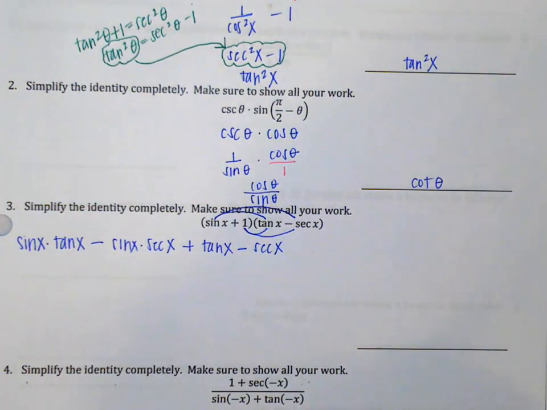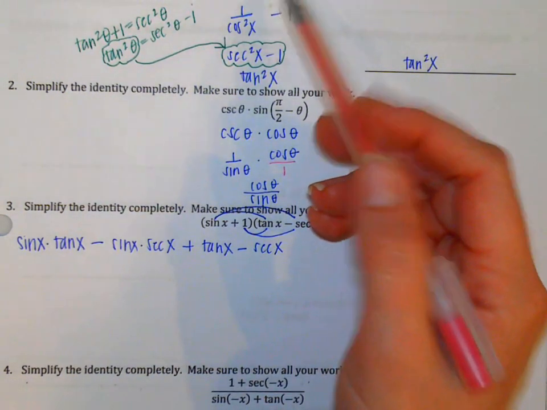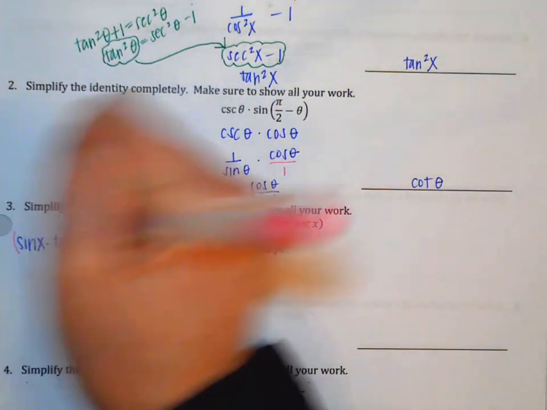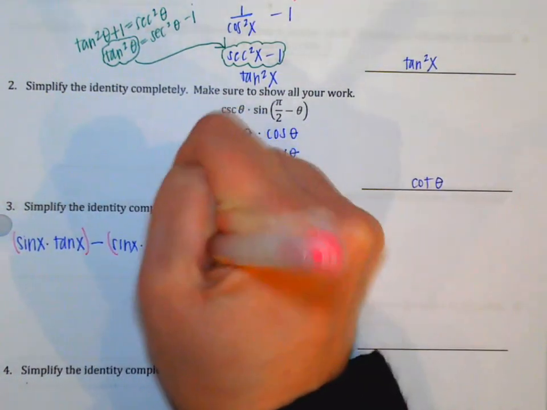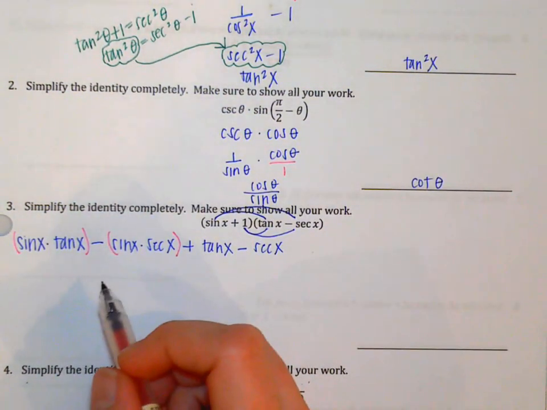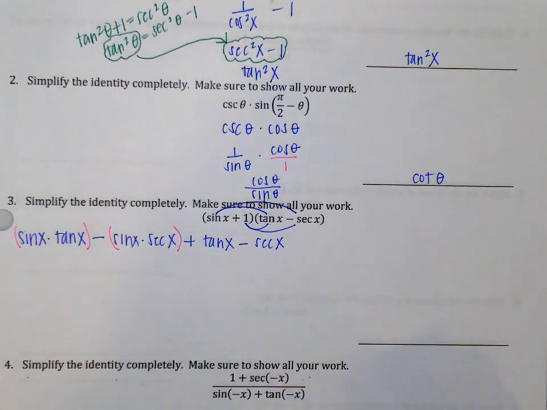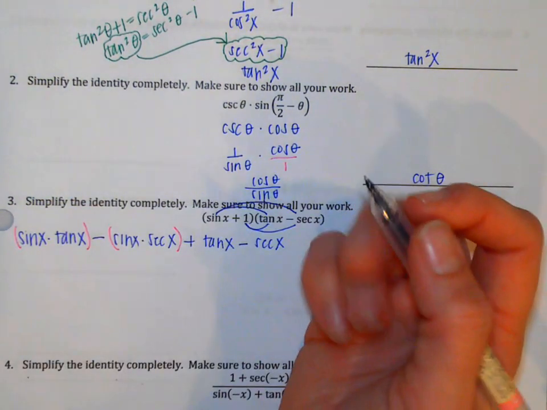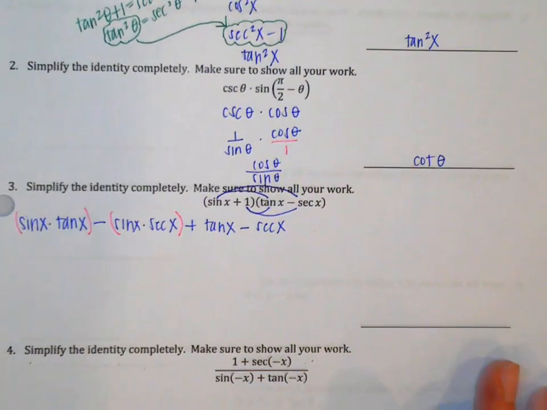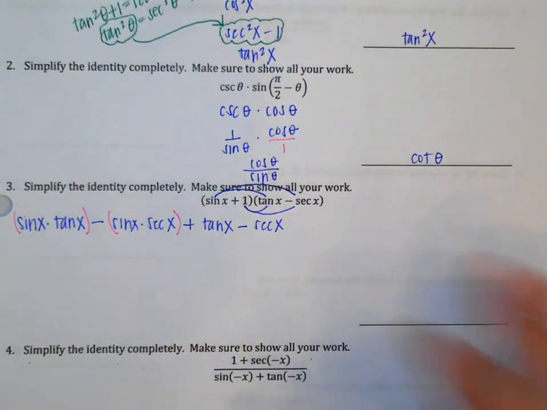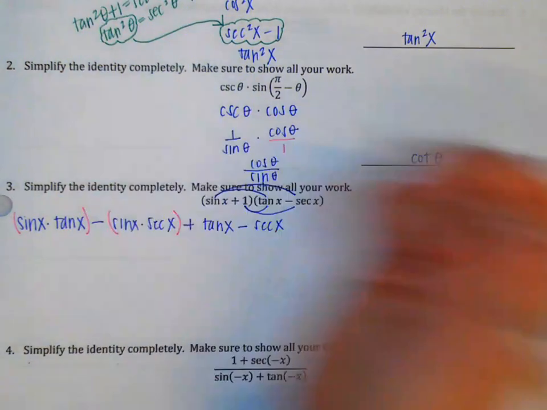Again, very similar to what I was talking about up on 1. These are things being multiplied together, so we've got to simplify within those first before we can do anything. So basically, I would rewrite everything in terms of sine and cosine.